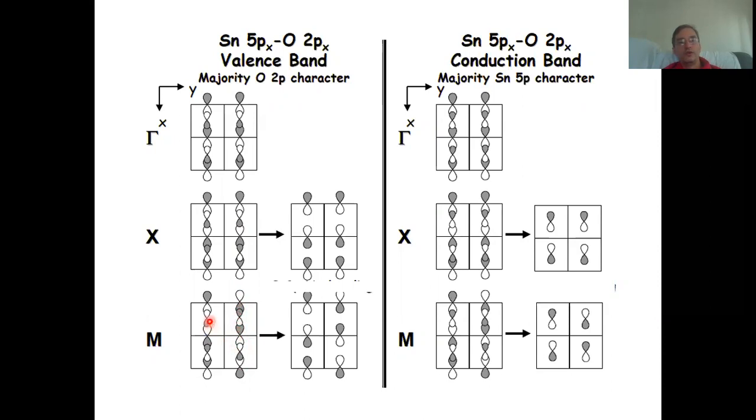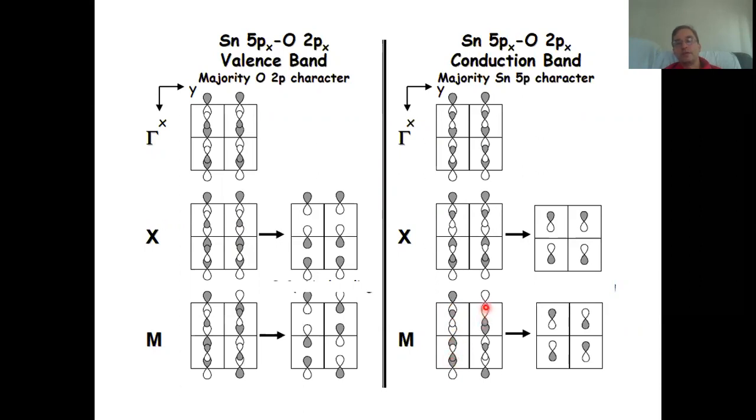Okay, again, we can flip all the 5px orbitals of tin around, and that's again shown over here. Does that change anything? Well, we have now the interbonding interactions here, but bonding interactions over there. Again, interbonding interactions here, bonding interactions over there.